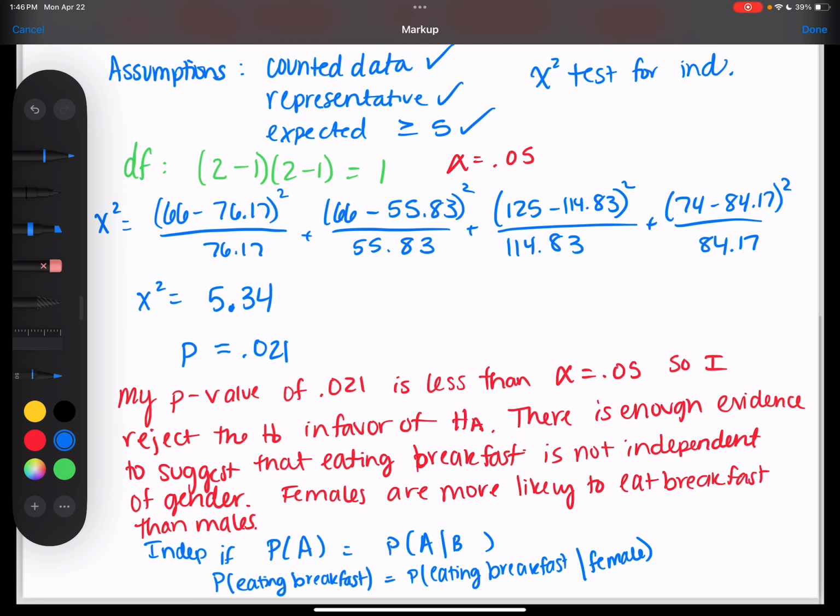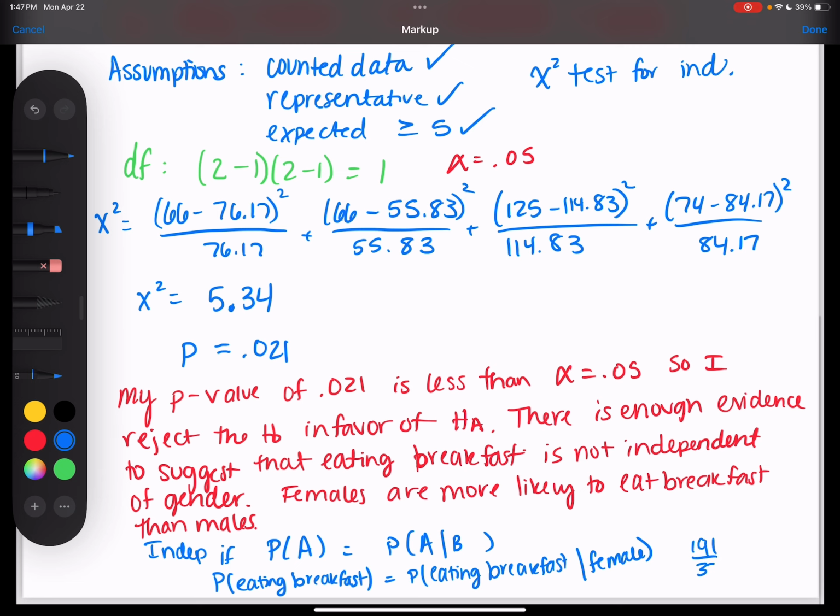So what's the probability of eating breakfast? 0.577. How did you find that? I took the total number of people who said yes and divided it by the total number of people in the whole class. 191 over 331, right?